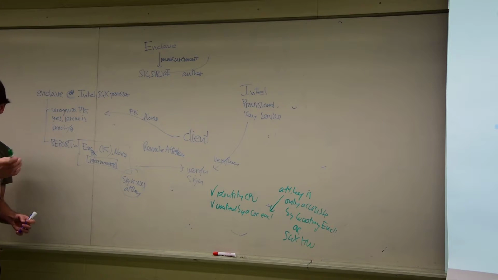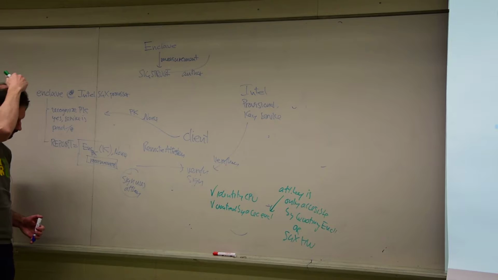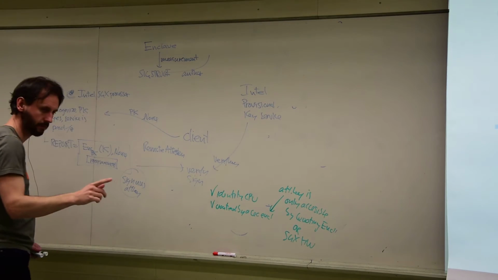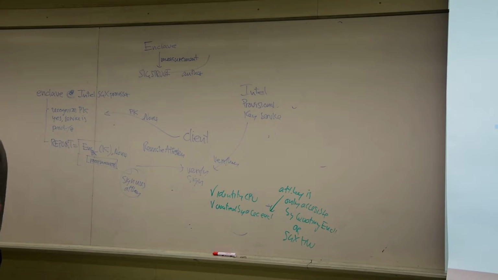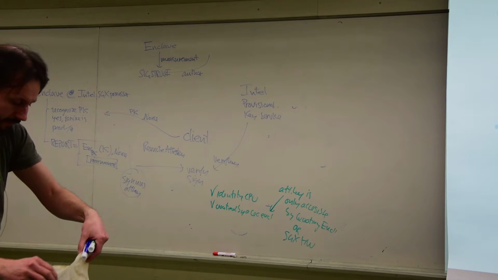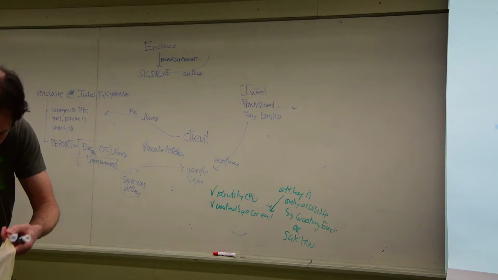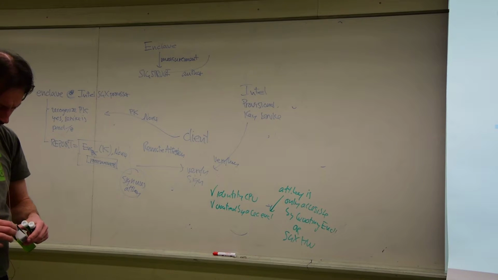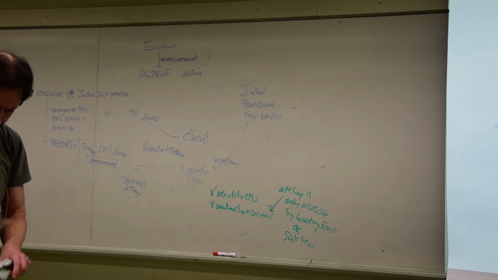A caller enclave, right, can actually it's not so I made a tiny bit of a mistake. In this particular case, the attestation key is just known by the quoting enclave.